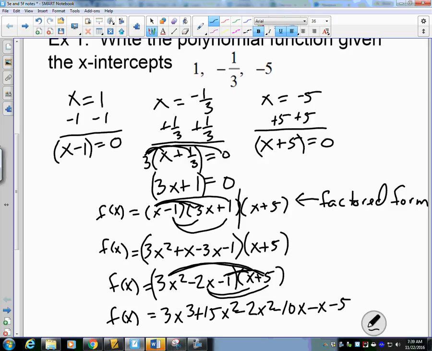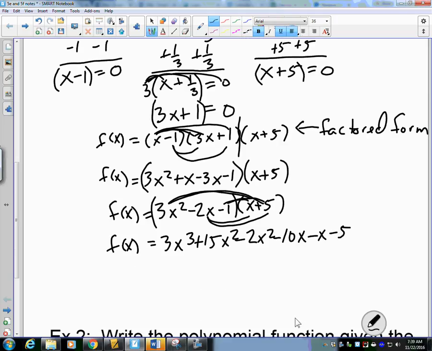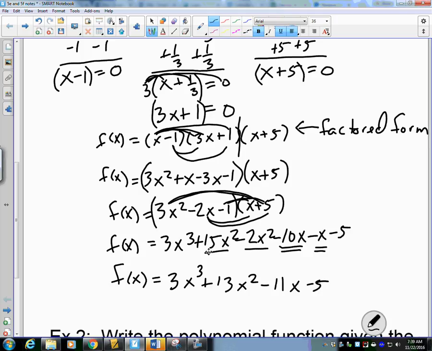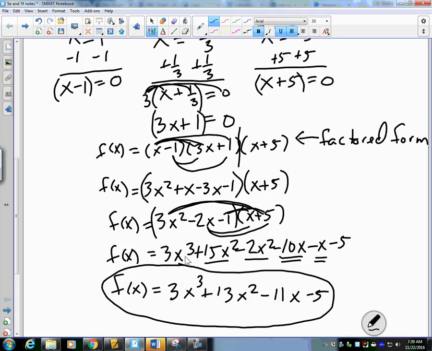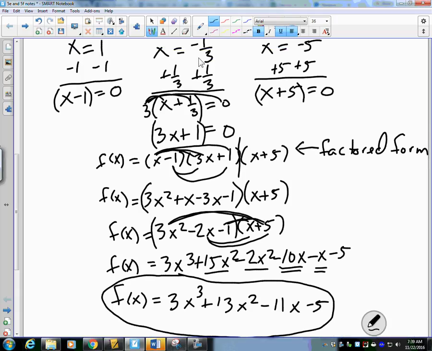Let's put like terms together, and then we have our polynomial function. So f of x equals, there's only one term with a cube, 3x to the third. We have two terms with a square, so adding, we have 13x squared. Two terms with degree 1, and that's negative 11x and minus 5. If you were to graph this polynomial function, it will have all three x-intercepts of x equals 1, x equals negative 1/3, and x equals negative 5.